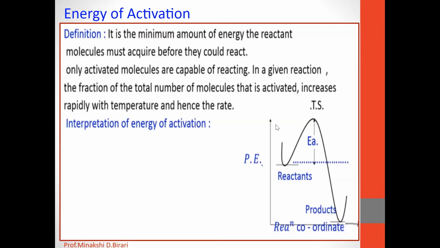It is observed that the reactant molecules have to acquire a definite amount of energy before they could react. So that we can define the energy of activation. It is the minimum amount of energy the reactant molecules must acquire before they could react.